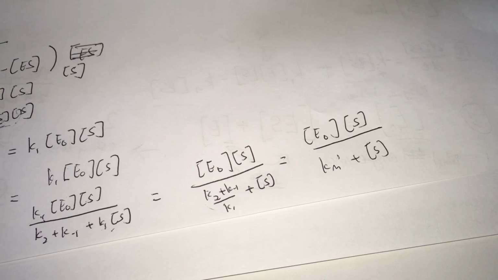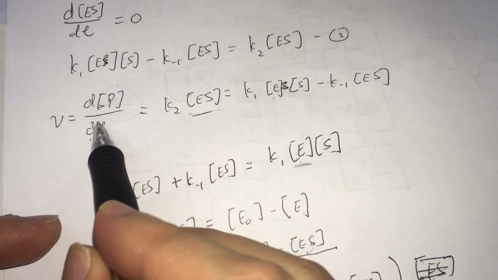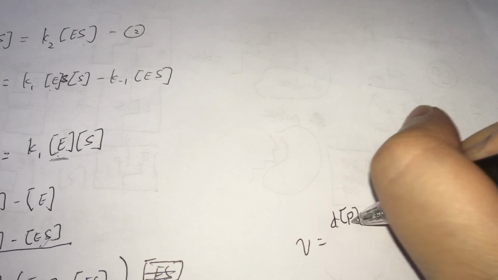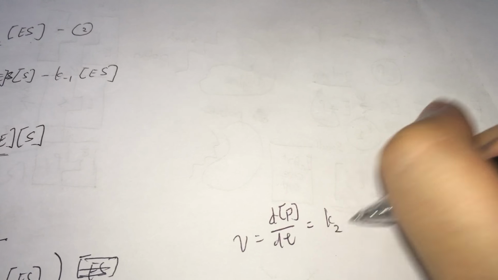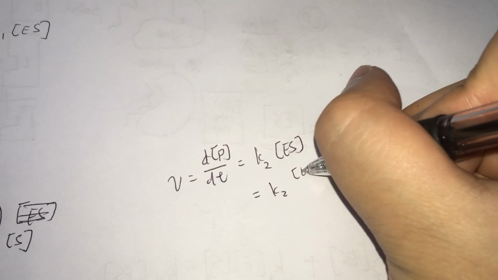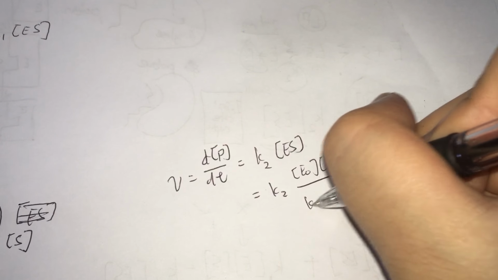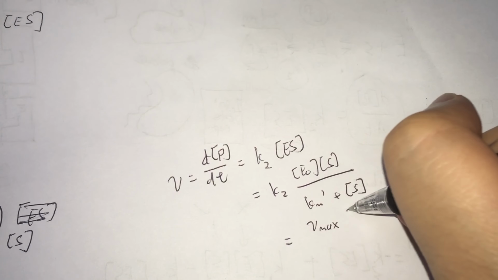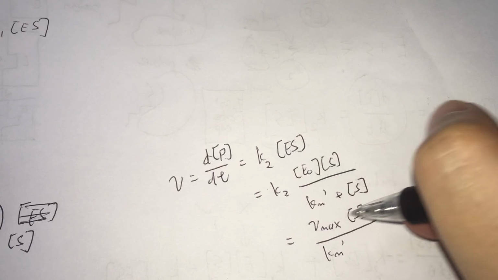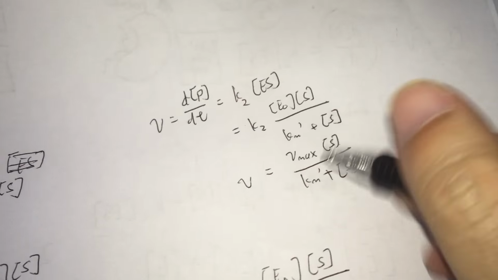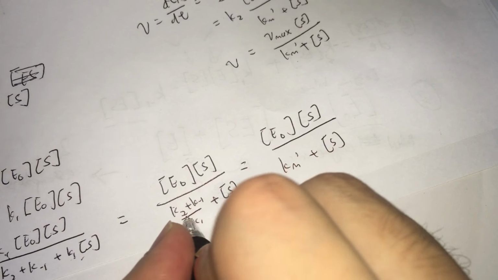And again, let's substitute this back into our earlier equation. So let's keep on track this time. We have dP/dt equals K2 into ES, and that equals K2, substituting the ES part, E naught S over Km prime plus S, and that, as described earlier, is Vmax times S over Km prime plus S. Of course, this time the Km prime represents this constant here.